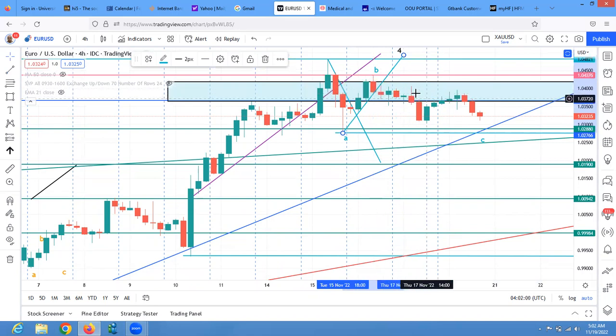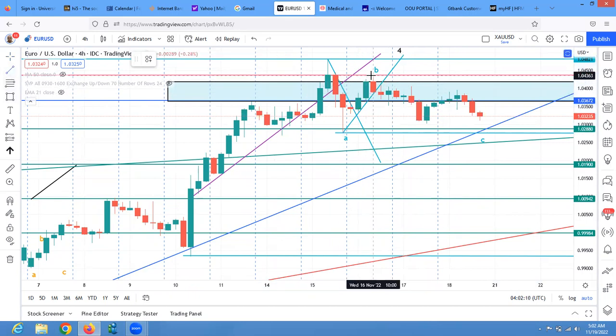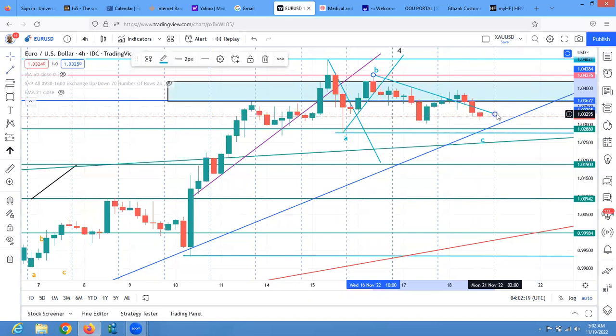Okay. Now, looking at this, if you want to take the last leg of a C correction from here to this place, this is where people will get a whole lot of things messed up.